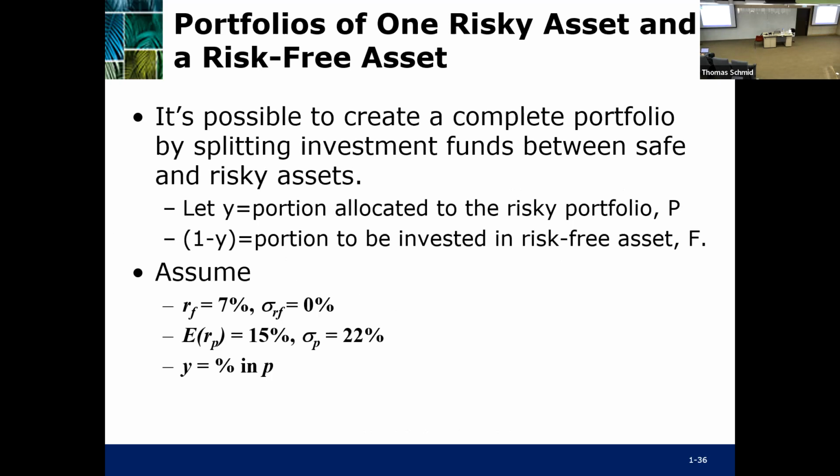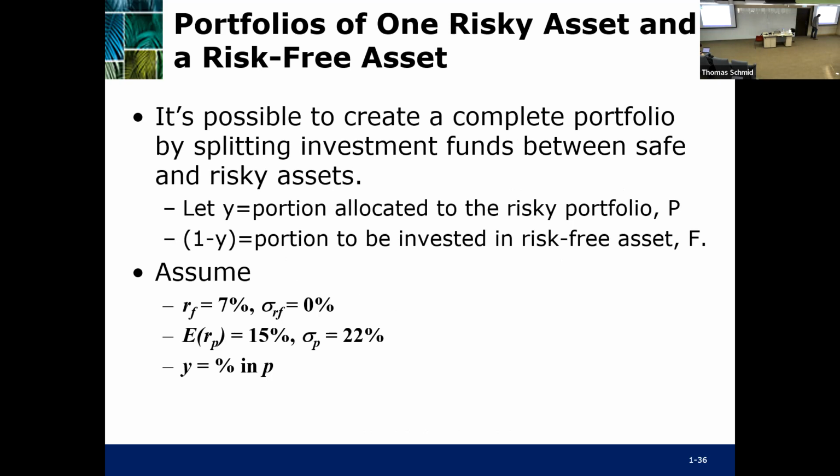The risk-free asset is F, the risky asset is P, and now we want to understand how much we should optimally invest in F and how much in P. Everything we developed so far in the subchapter, especially the utility function, is a tool that will help us answer this question. Okay?